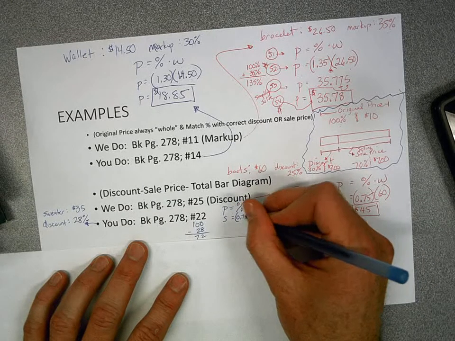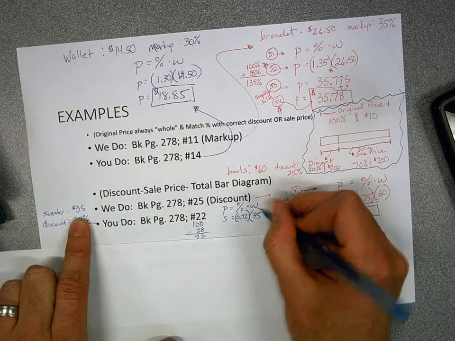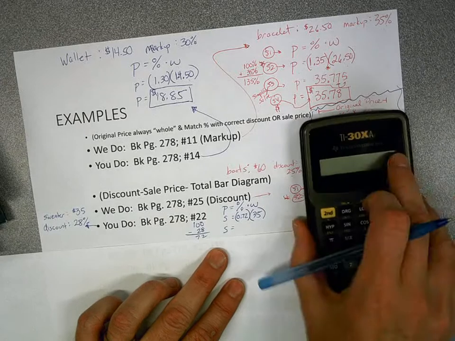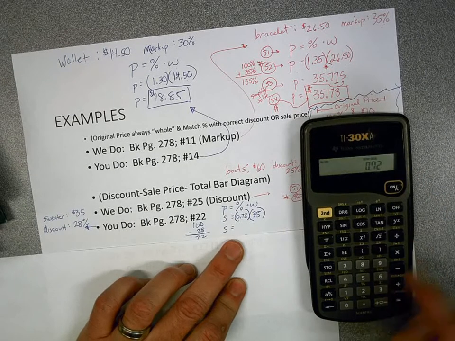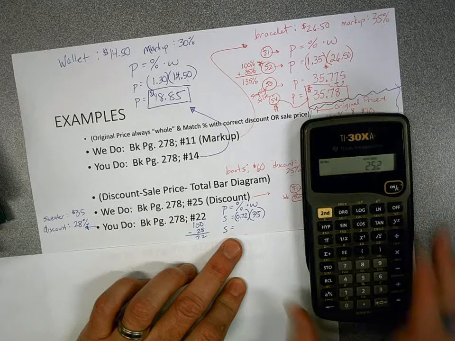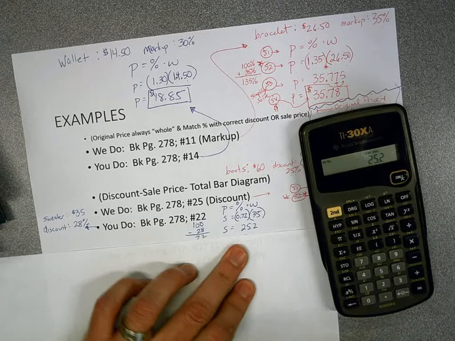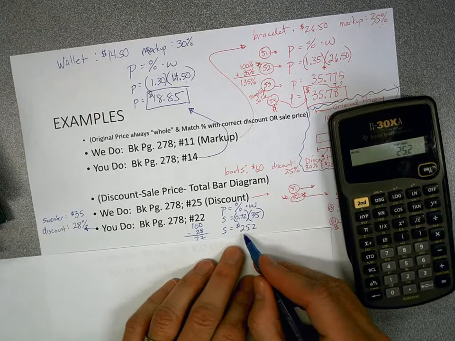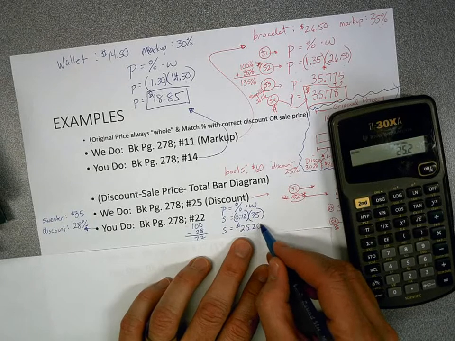And the whole is, of course, the sweater's original price of $35. So the selling price, I'm going to go ahead and find out. So 0.72 times 35 equals 25.2. And now I'm going to make this look like money. So I go ahead and put a dollar sign. And we don't sell anything for $25.2, right? We have to put that zero back there. $25.20.